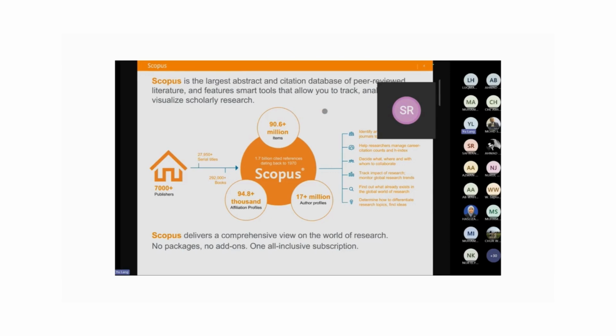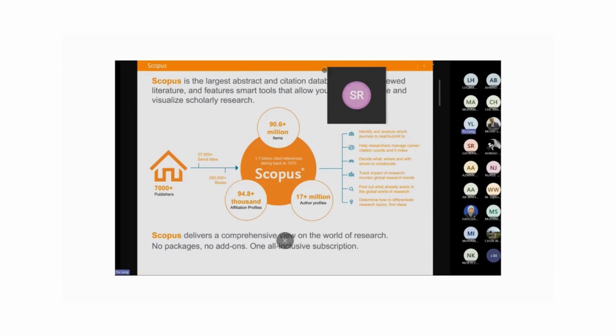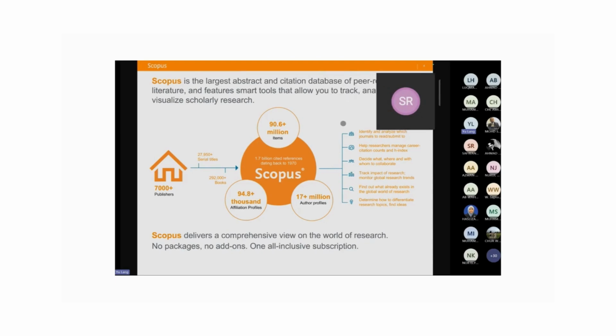And you can use it to identify and analyze which journal to read or submit to, and help researchers manage their careers. If you perform an author search, you can go to the author's publication profile and check their citation count and H index.